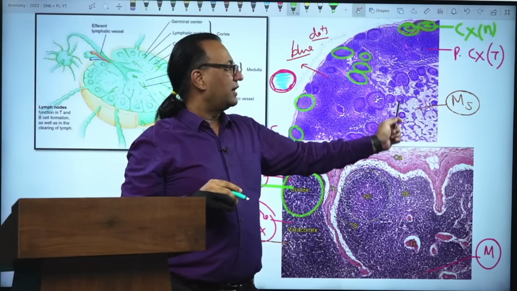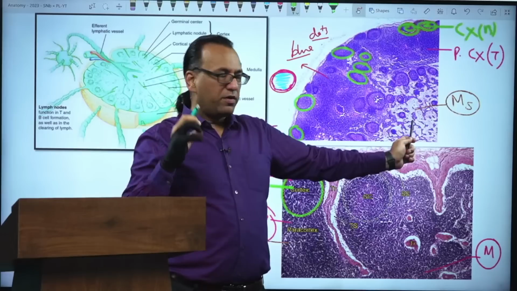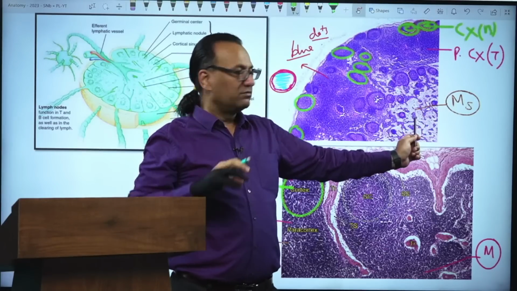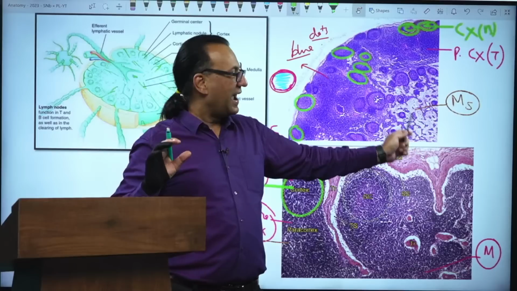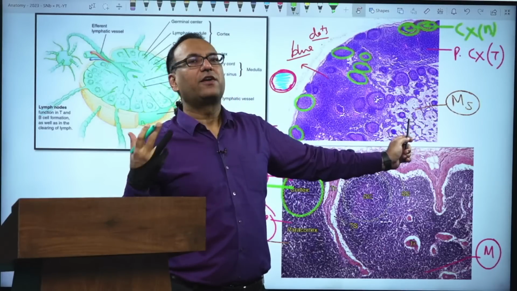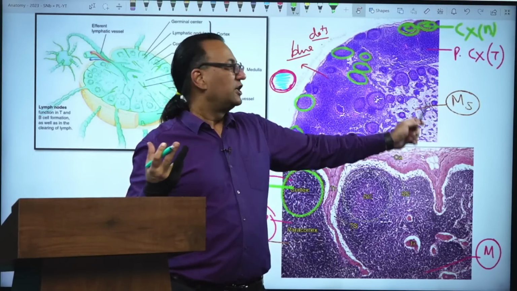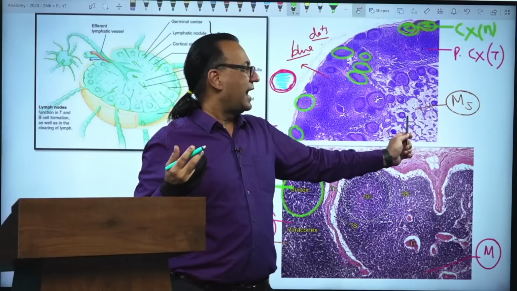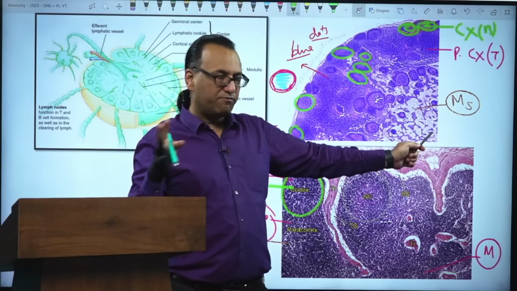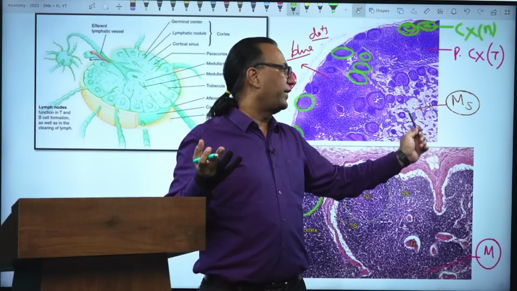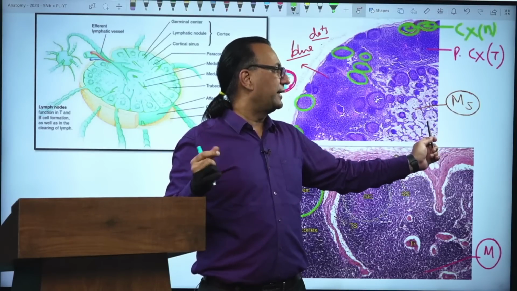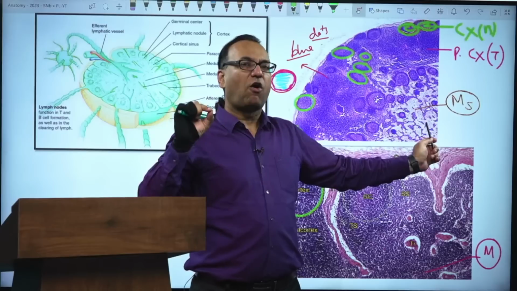What is there in the lymph node medulla? You will have lymphoid sinuses filled with a lot of lymph. And what is lymph? Lymph is basically an ultrafiltrate of blood. Along with that, you can have macrophages or plasma cells, forming the medullary cords.